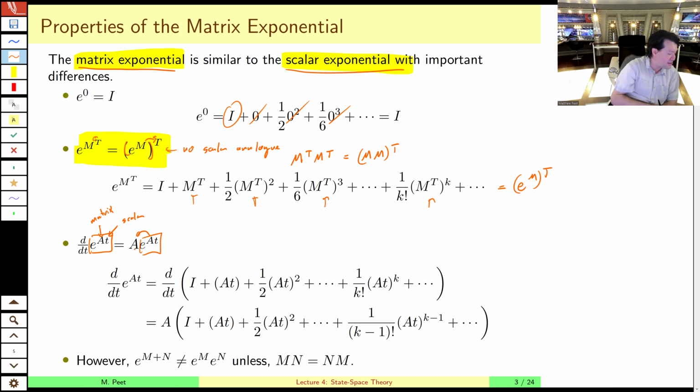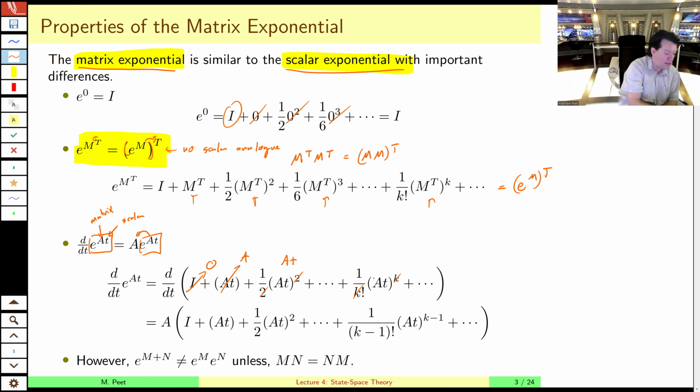And it's relatively easy to see, right? If you just take the derivative of the series expansion, well, then this term goes to 0. This term goes to A. And all of these powers, this cancels this, goes to A squared t, and so on and so forth.